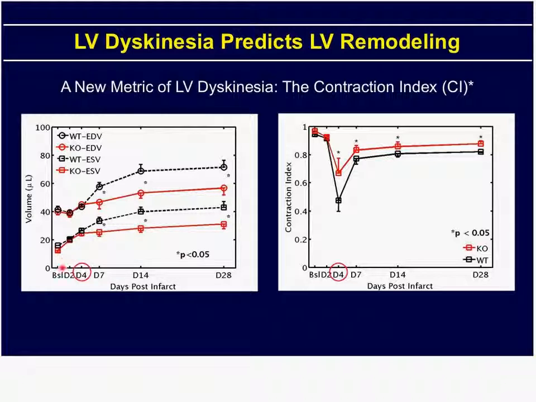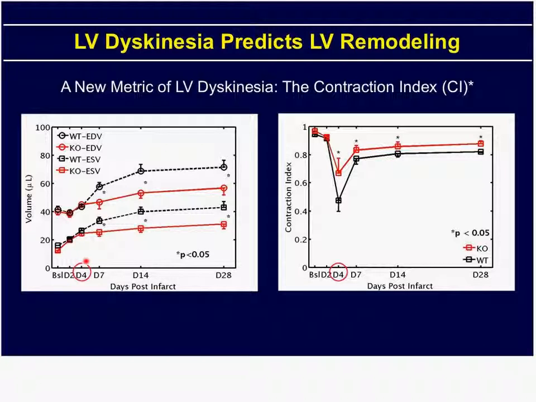It's preferable to day 1 because the mice are fairly unstable at day 1, and their respiration is much improved on day 2, as is the ECG. So we've transitioned from the first scan after MI being at day 1 to using day 2.